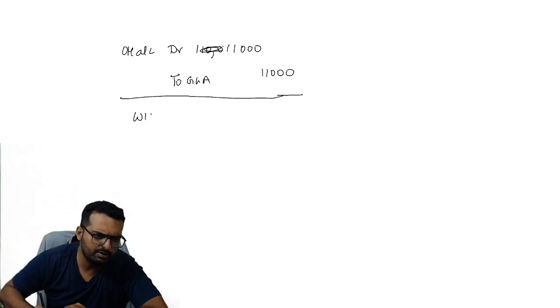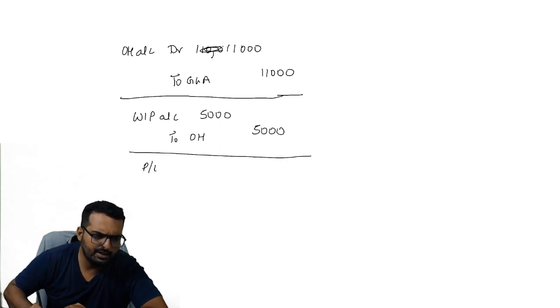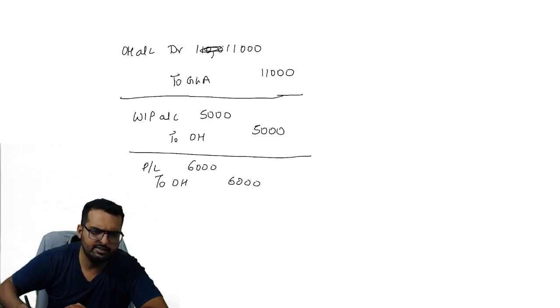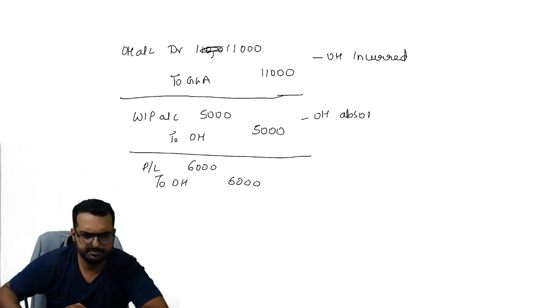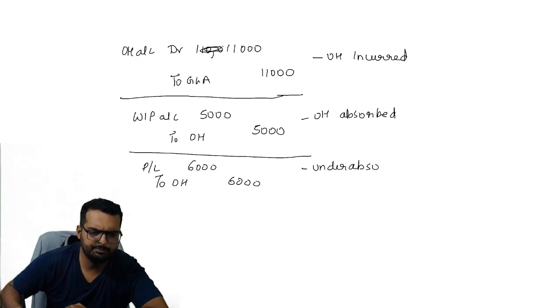So the second entry that you must have learned is WIP account debit to overhead. That will be only 5,000. Remaining will be P&L account debit to overhead. That will be how much? 6,000. So basically this is overheads incurred. This is overheads absorbed. And this difference is what we call under absorbed.